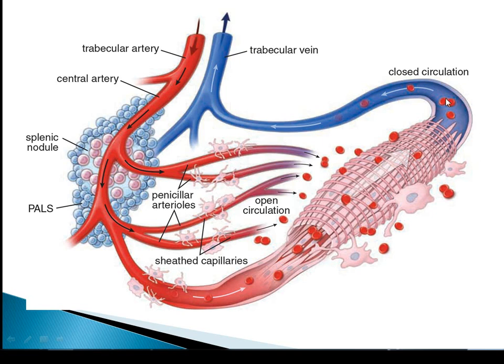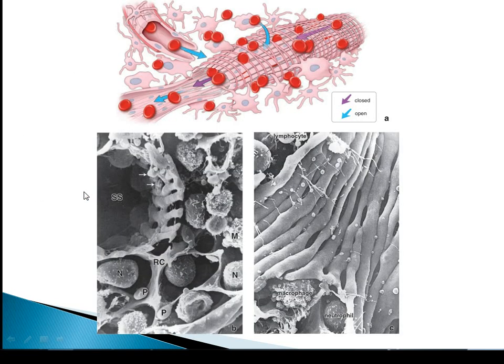Then the blood from the sinusoids goes to the veins, the trabecular veins, and so on out from the organ. We have to keep in mind that in the spleen the sinusoids have a specialized structure, in which the endothelial cells are elongated.